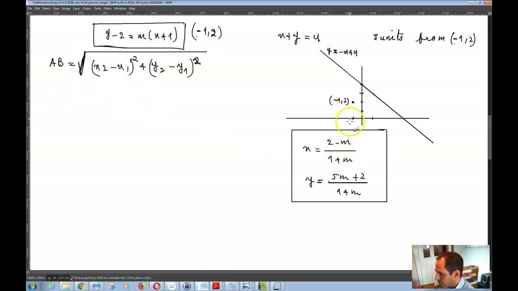I call it just simply AB, although there is no A or B here, but you get the idea.